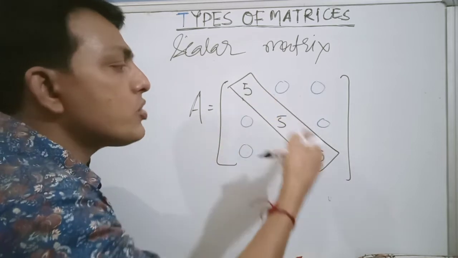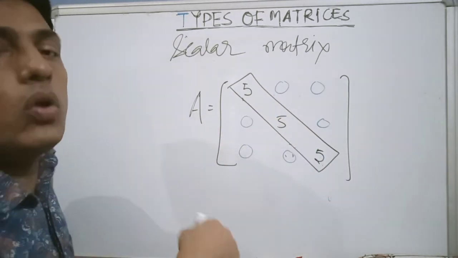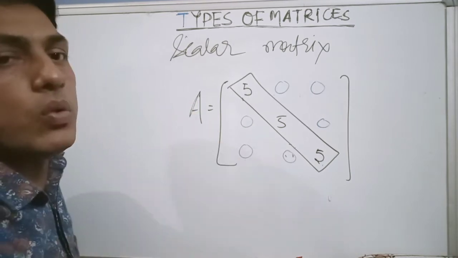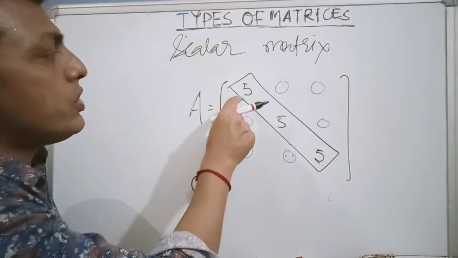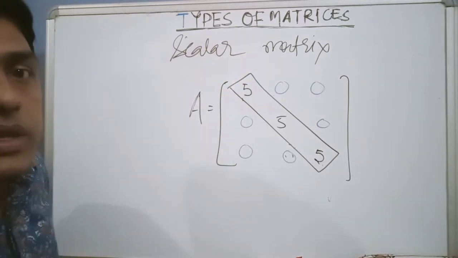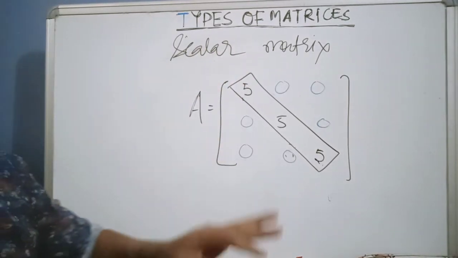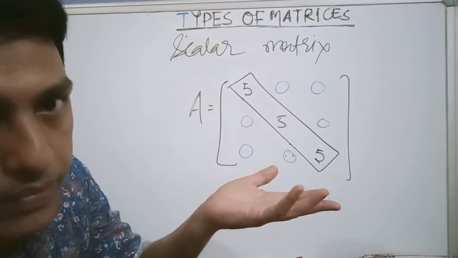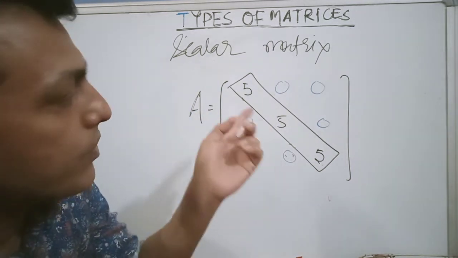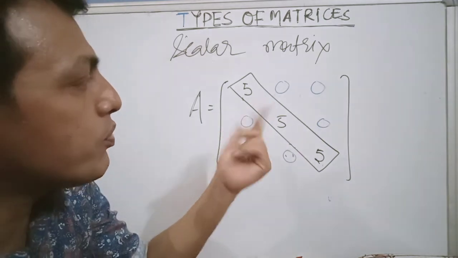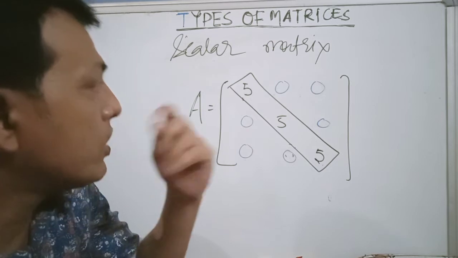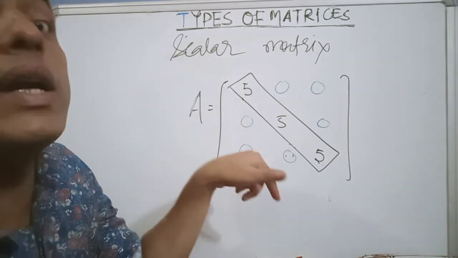So they are not 0, and along with this they all are equal. It is called a scalar matrix. If the leading diagonal elements become the same and the rest of the elements are 0, it is called a scalar matrix. So a scalar matrix is also a diagonal matrix.